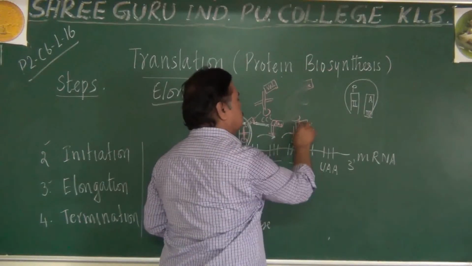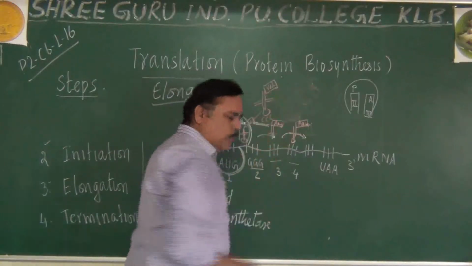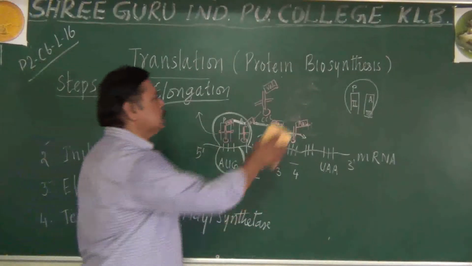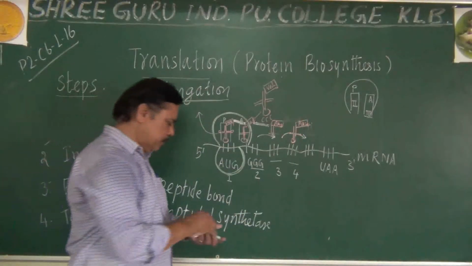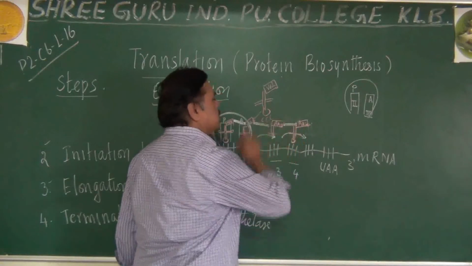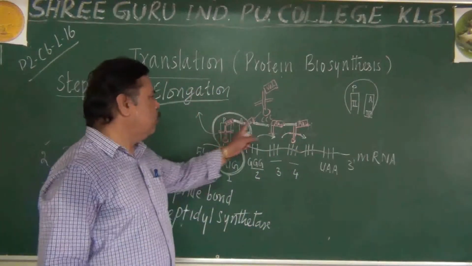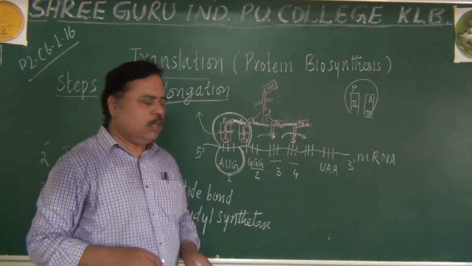Let us imagine some fourth amino acid is present. So students, remember this point. The fourth amino acid has joined the A site. Between them again, one peptide bond will be synthesized. So 4 amino acids are joined by 3 peptide bonds.